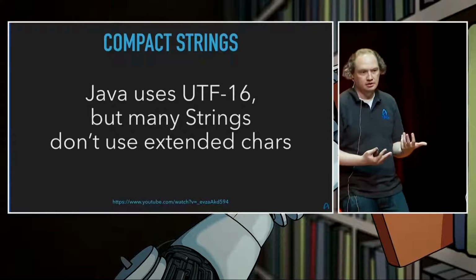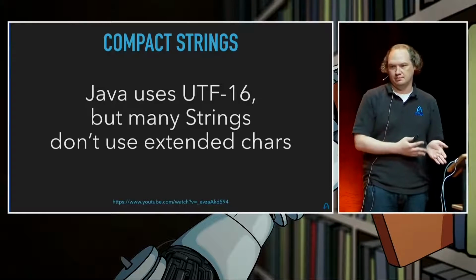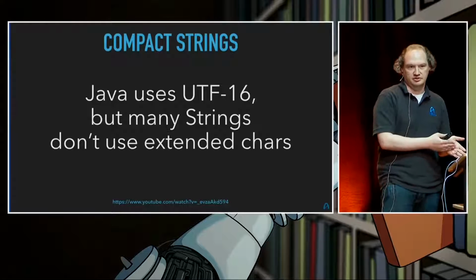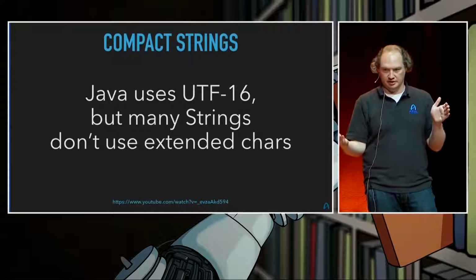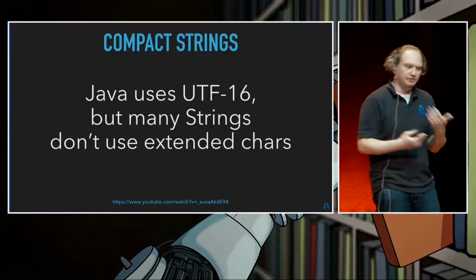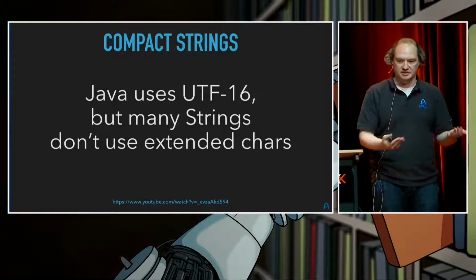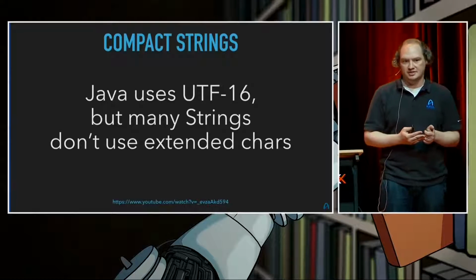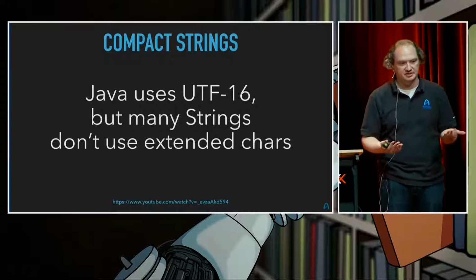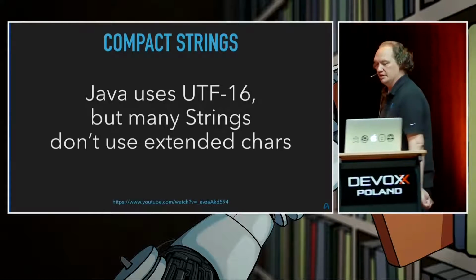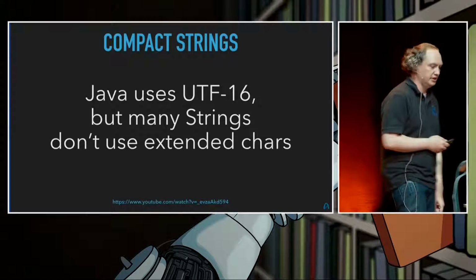So in Java 9, we actually changed the internal representation of a string to be a byte array, which can be single byte per character if you don't contain any extended characters, and it'll expand to 2 bytes per character if you do contain extended characters. And the benefit of this is that the strings are all smaller. They're faster to concatenate because they're half the size. They're faster to relocate when we have to move them around because of the garbage collector, because they're half the size. And this is a very nice optimization. That might also explain the performance difference. You have to be very careful in isolating which effect is which.